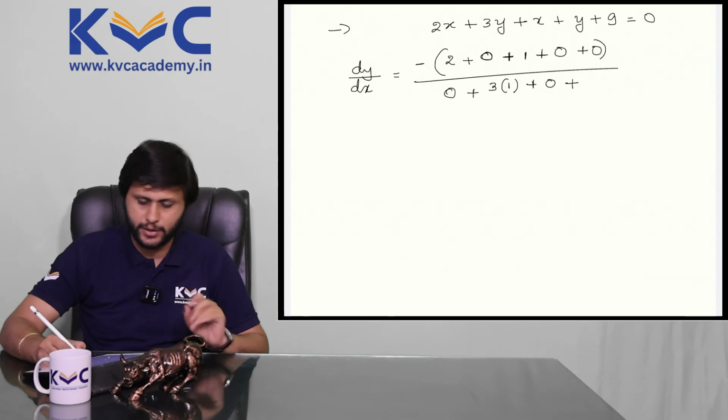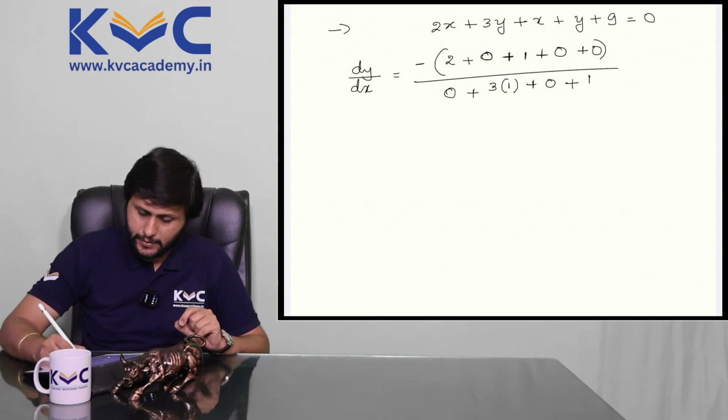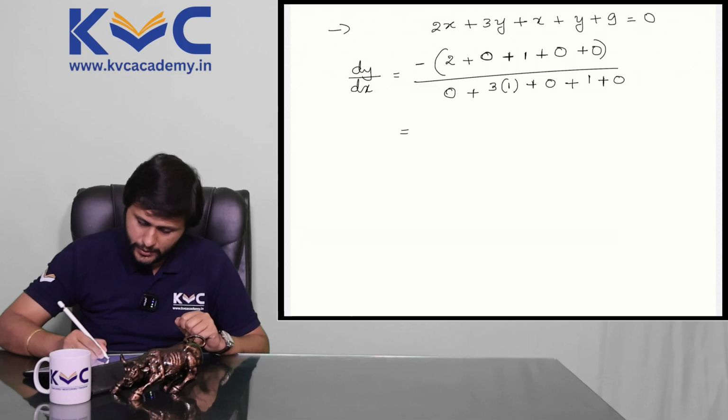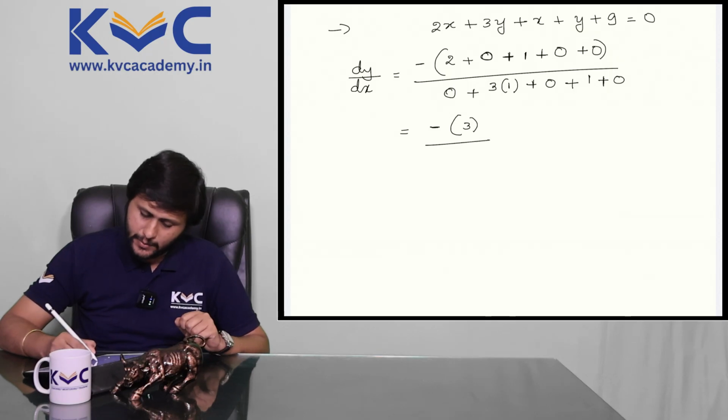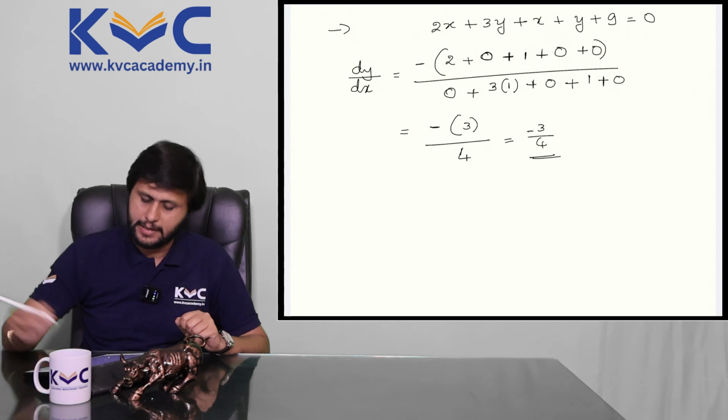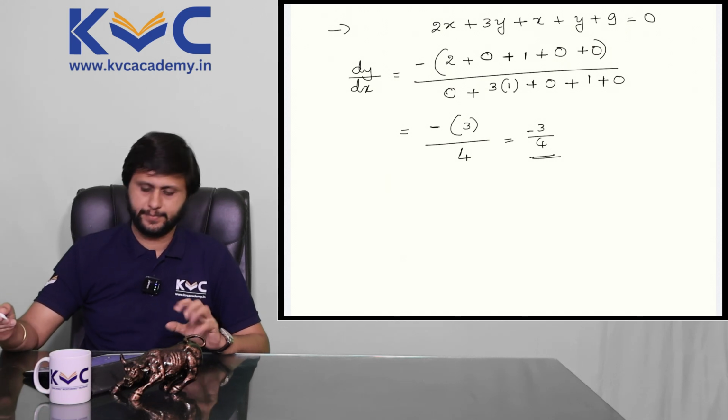Only in this formula x is a constant. Differentiation of y is equal to 1, plus differentiation of 9 is 0. So you get a very simple answer over here. Minus is outside, 2 plus 1 is 3, divided by 3 plus 1 is 4. So we get minus 3 by 4 as the final answer.